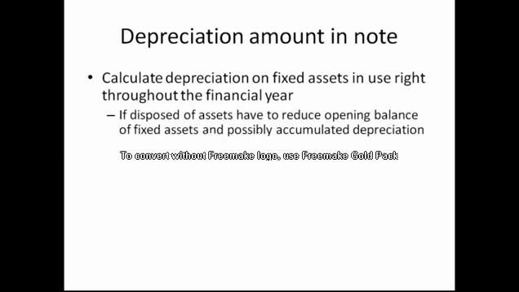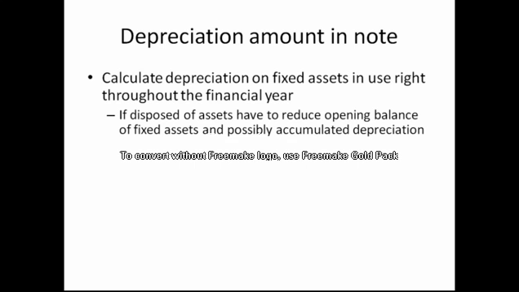And what's very important here is to actually reduce the cost price, or the opening balance at cost, by any asset that we got rid of during the financial year, because that we are going to treat separately.